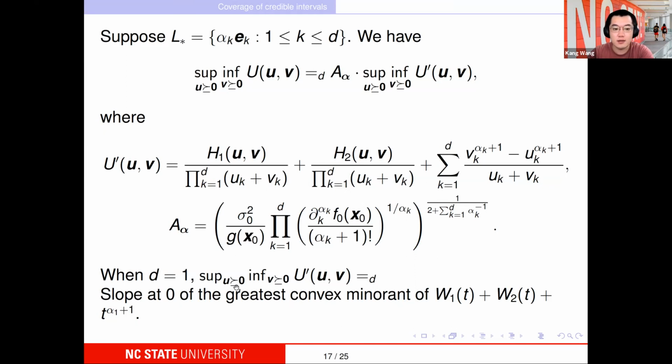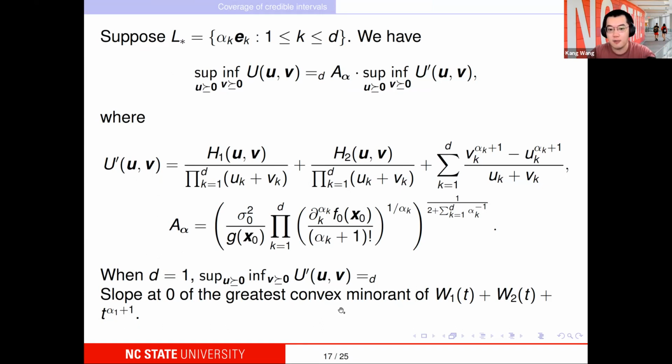When d equal to 1, the sup functional equals the slope at 0 of the greatest convex minorant of W1 plus W2 plus t to the power alpha 1 plus 1.